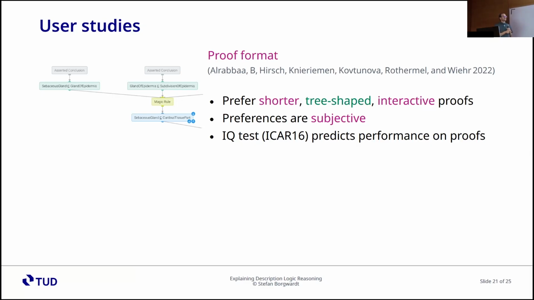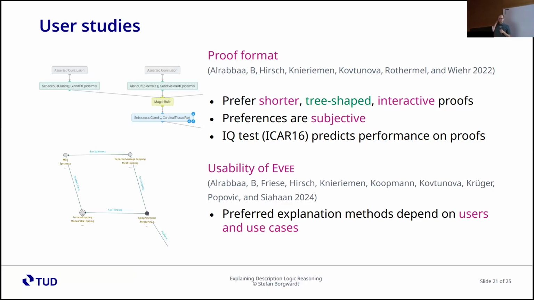Usually people prefer shorter proofs, of course, because who wants to spend so much time to understand complex proofs? So if you can compress your proof, it's usually better. They prefer tree-shaped proofs rather than text-based proofs, for example, and interaction is always a good idea because then you can tailor the visualization to your needs. But as I said, preferences are subjective. So different people prefer different proofs. In general, there's not just one best method to show that.